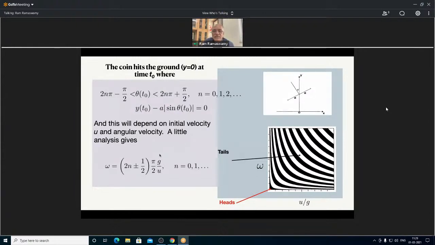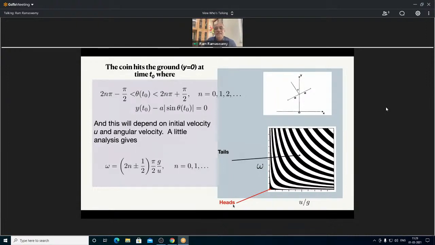If it's in the white region, it comes up tails. So this entire space of initial conditions is just broken up into little strips of black and white regions like a zebra pattern. And if your velocity and your angular velocity are of a particular value, then you can predict exactly whether it is heads or tails.